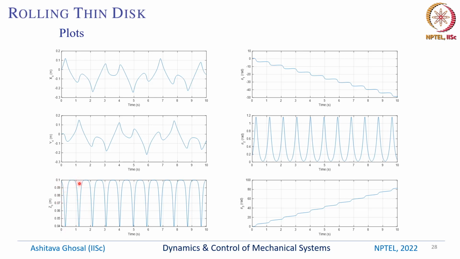It comes to 0, goes back, up and down, and keeps on doing this. The x and y coordinates are much more interesting. We can also find what theta 1, theta 2 and theta 3 are doing. So this is a plot of theta 1, theta 2 and theta 3 in radians. You can see there's an interesting plot of how the heading, the tilt and the spin of the disk are changing with time.